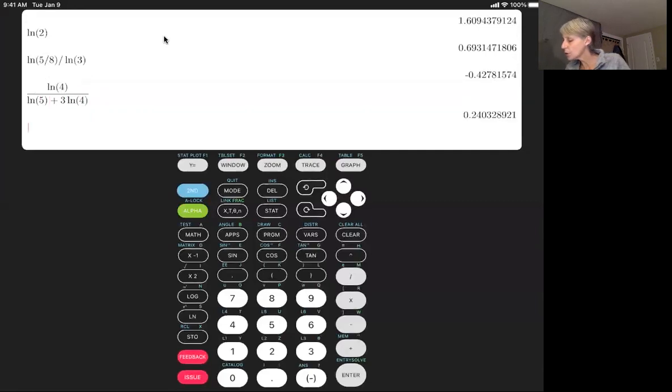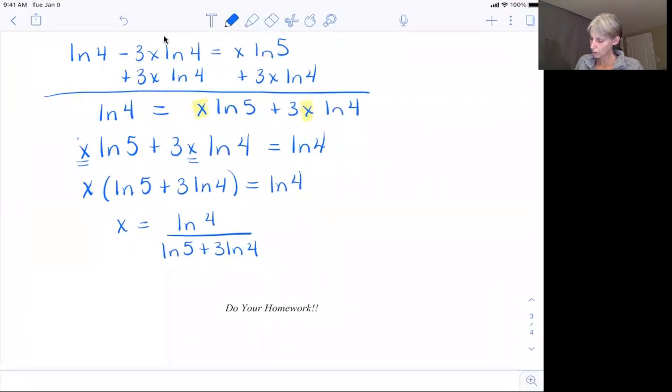And your answer should be 0.2403. So 0.240 or 0.24 is okay. Either one would be acceptable.